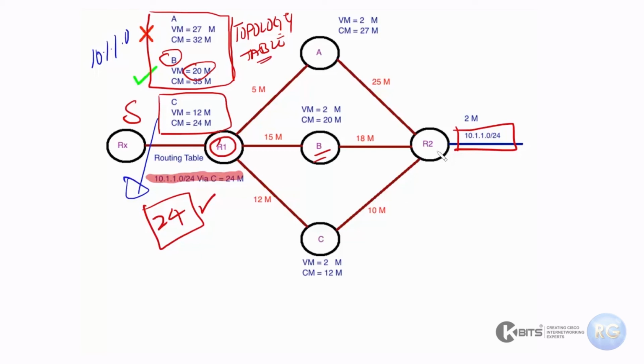Everybody understand? Everybody follow along? Is there any chance that, by disabling split horizon or having any loop, B is sending my route back to me?